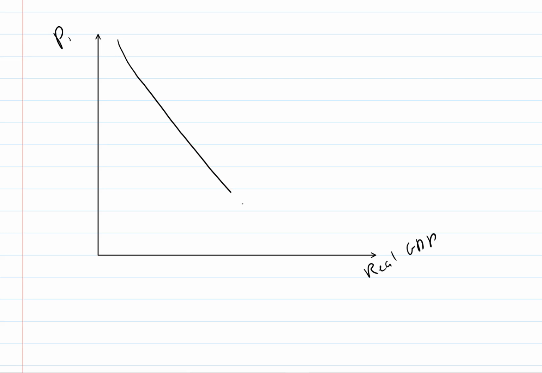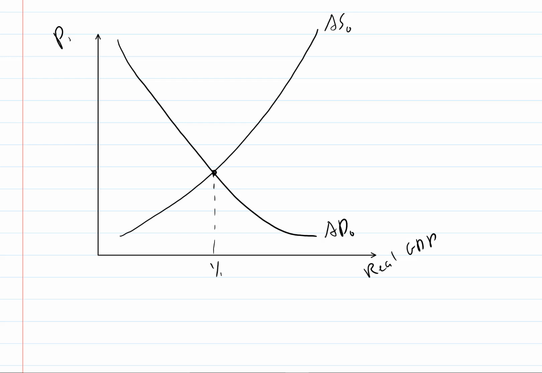We're just going to have our downward sloping aggregate demand curve, AD0. We have our original aggregate supply curve, AS0. The equilibrium is where they both meet. We can go down to get our equilibrium real GDP, and across to get our original equilibrium price level.